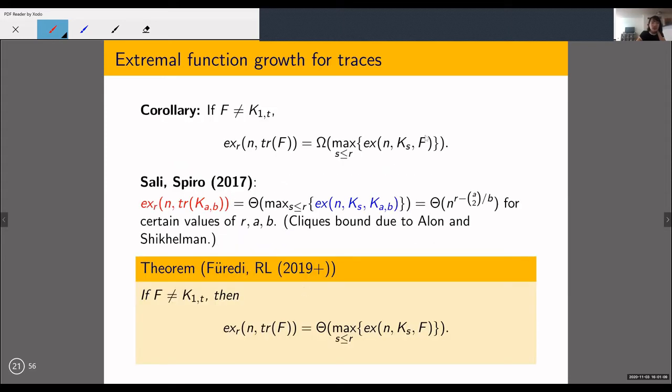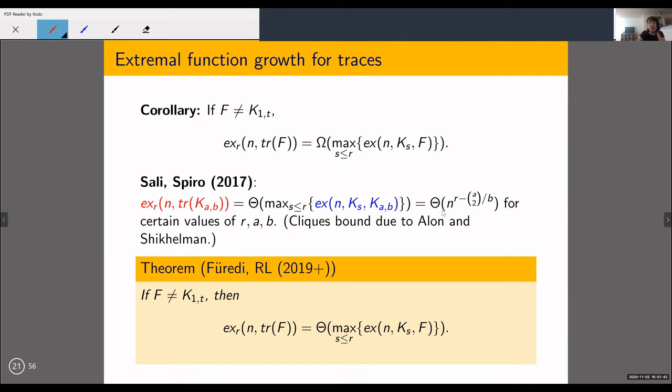So this corollary is just what I wrote before, that the order is at least the maximum of all of these functions. And in 2017, Shangguan and Tamo proved a matching upper bound, at least in terms of the order of growth. They determined it for the case where F was equal to this complete bipartite graph K_{a,b}, with some restrictions on a, b and also r.